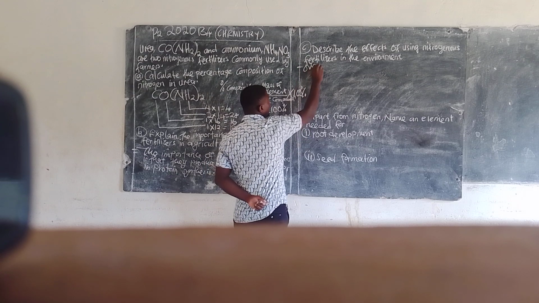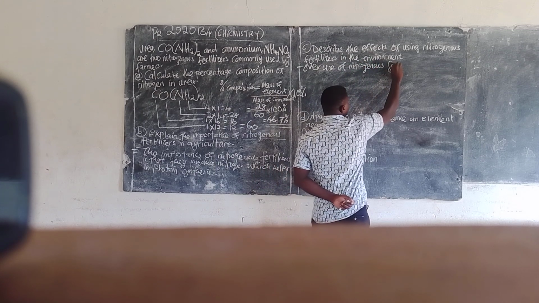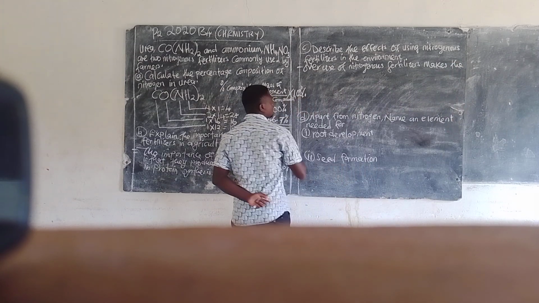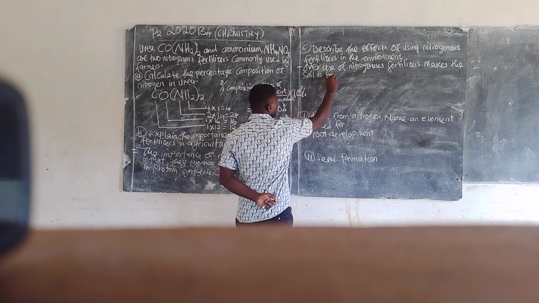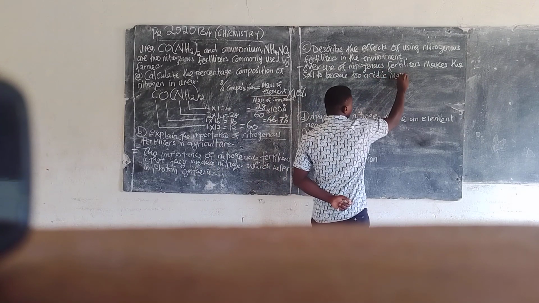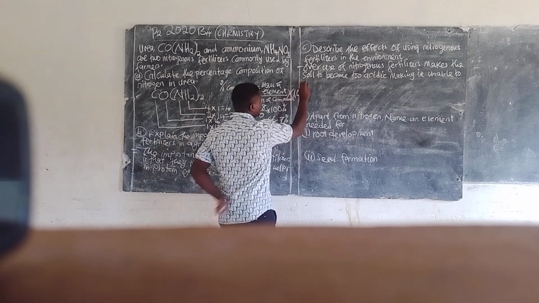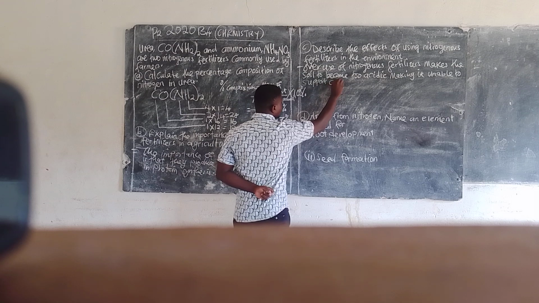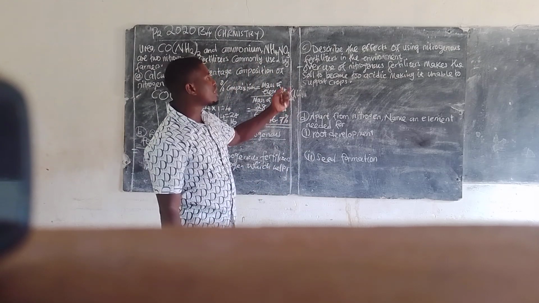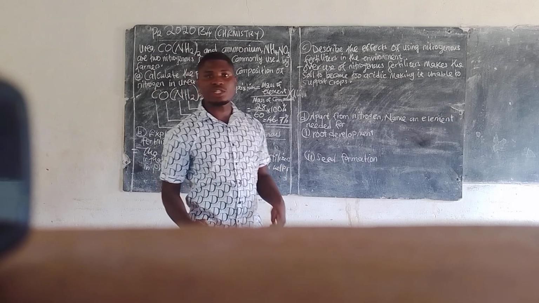So you say overuse of nitrogenous fertilizers makes the soil to become too acidic, okay, making it unable to support crops.